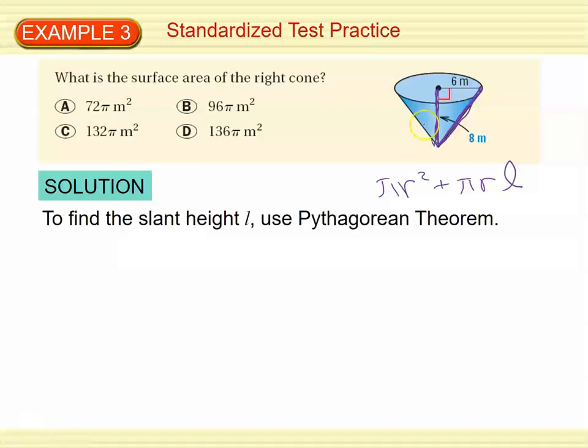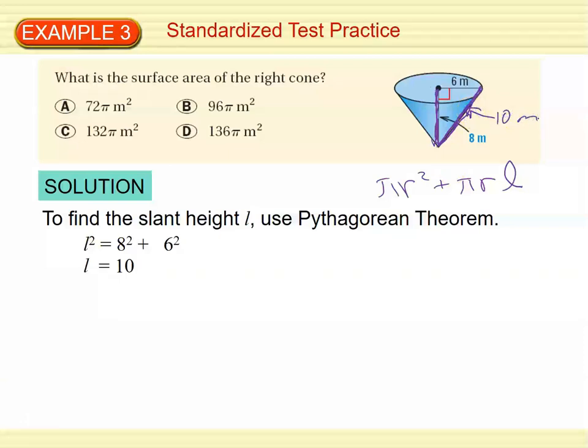So we have 8 squared plus 6 squared equals c squared. In this case, that's our lateral height. 8 squared is 64, 6 squared is 36, 64 plus 36 is 100, and so the lateral height squared is 100, which means that the lateral height itself has to be 10.